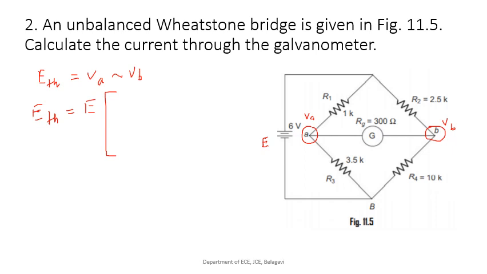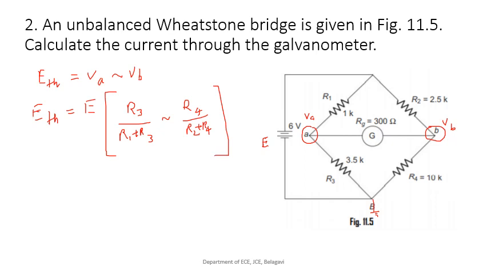Now the voltage VA, if you assume that point B is ground or your reference, will be R3 divided by R1 plus R3, difference R4 divided by R2 plus R4.